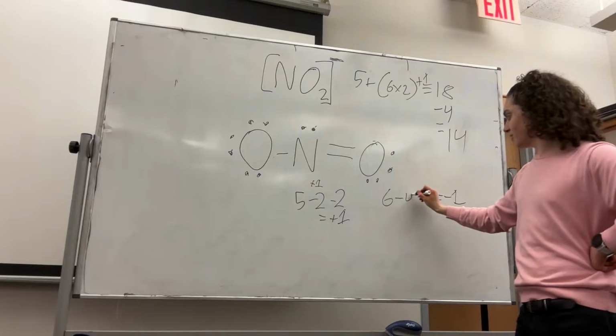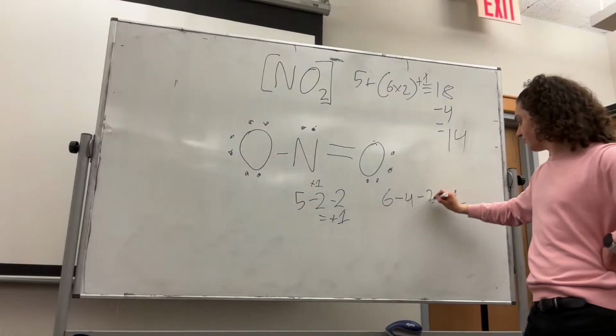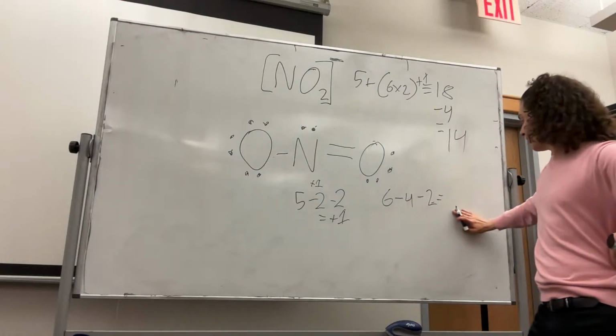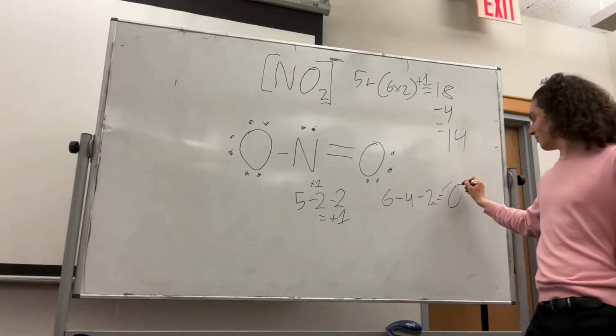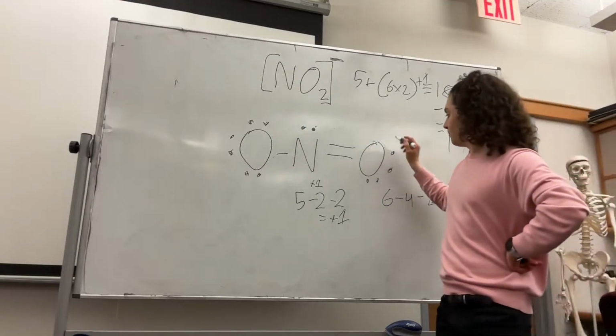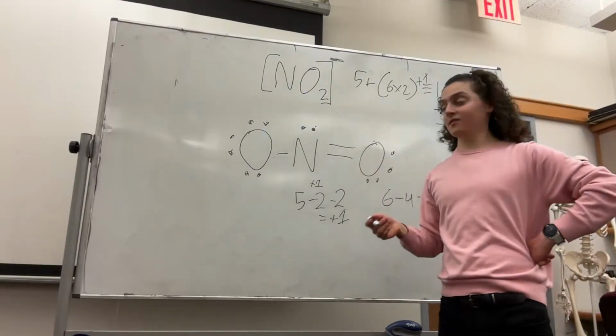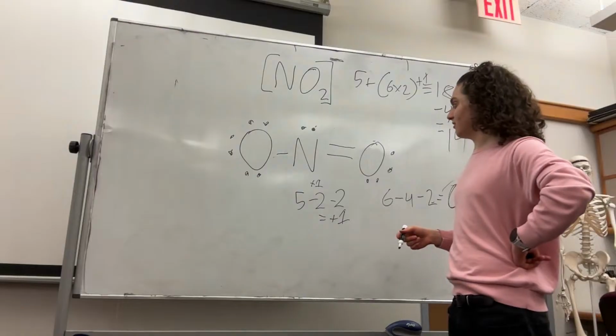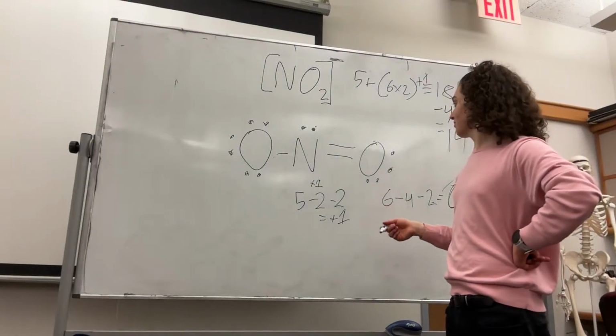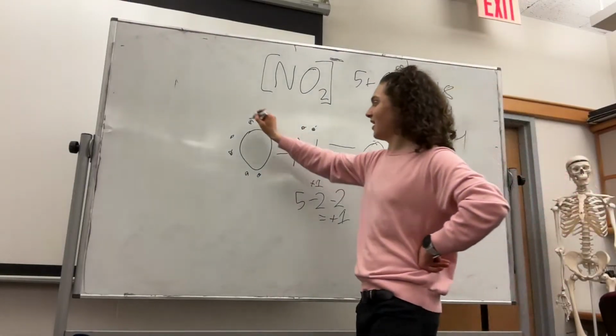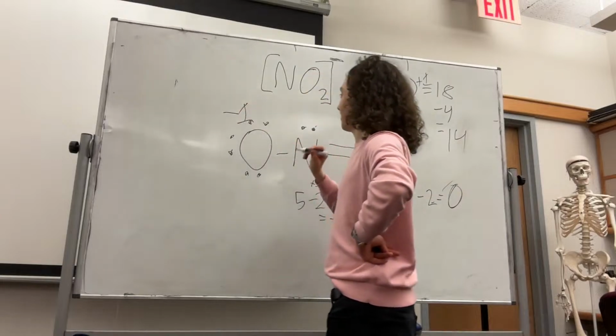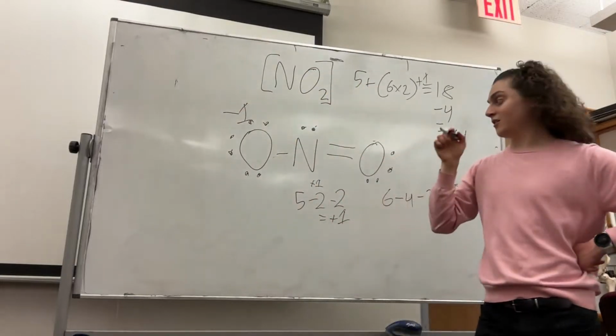So this would be 6 minus 4 minus 2 equals 0. Now oxygen is happy, it has a 0 formal charge. Awesome. And this nitrogen also has a 0 formal charge. So overall it has a -1 formal charge, which is exactly what NO2 minus should have.